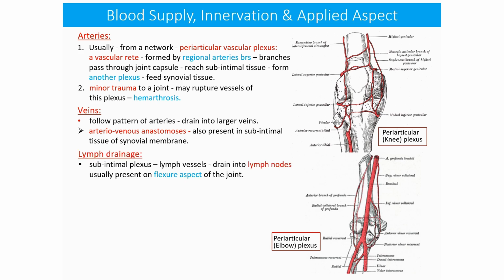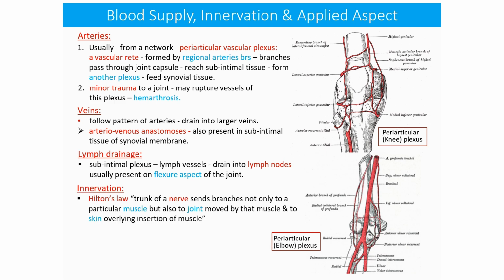As regards the lymphatic drainage, the subintimal plexus present in the subintimal area is made up of lymph vessels which drain into lymph nodes usually present on the flexor aspect of the joint.